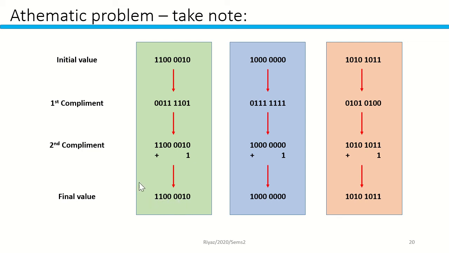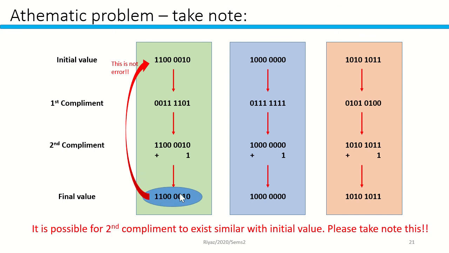If you watch clearly, it has a similar answer. The final value is similar to the initial value. This is not an error. It's possible for the second complement to be the same as the initial value. So please take note of it. The same goes for this example and also this example.